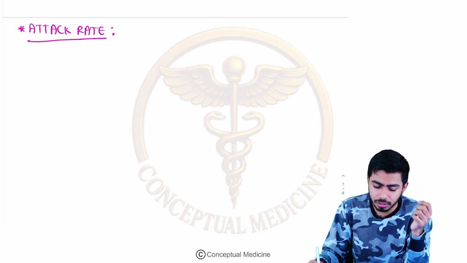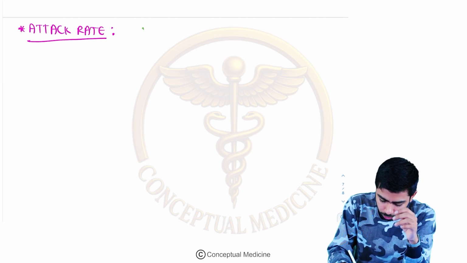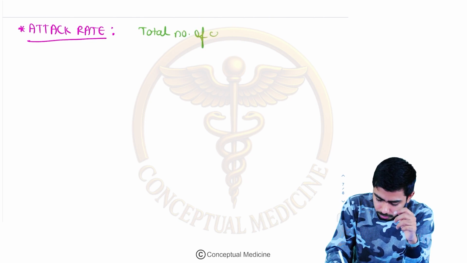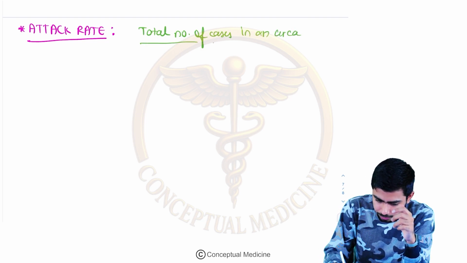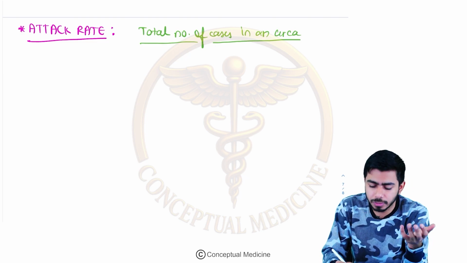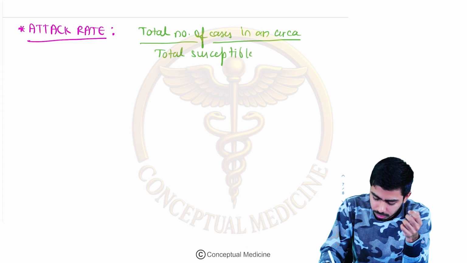So attack rate. Basically, the definition is important, guys, right? So what is attack rate? Total number of cases in an area, divided by the total susceptible population or total susceptible community, multiplied by any number.